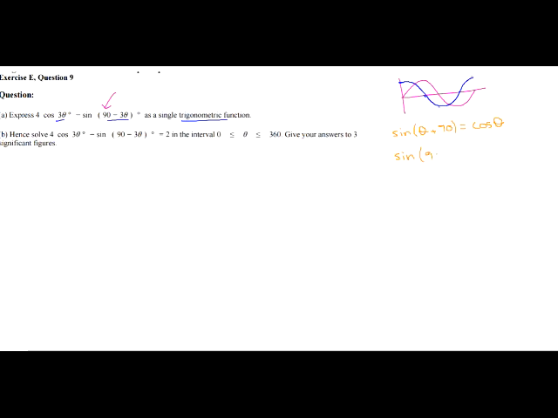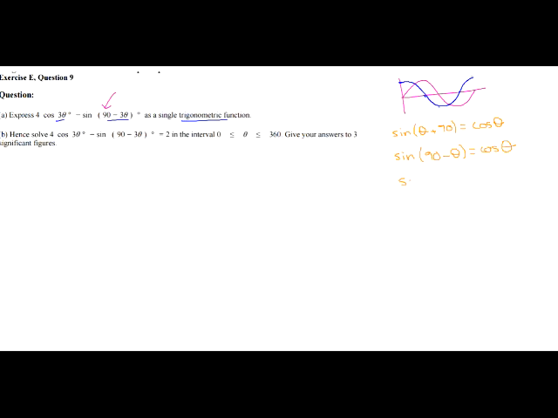So if we change it round, so we have 90 minus theta, which looks a little bit more like it does in the question, that's also going to be cos theta. It's always going to be the same.